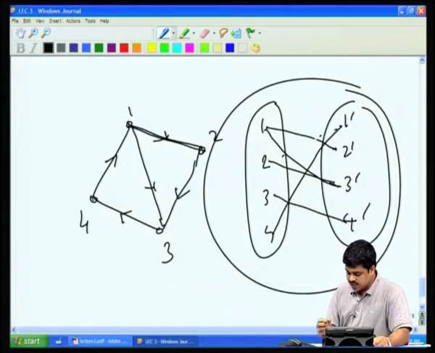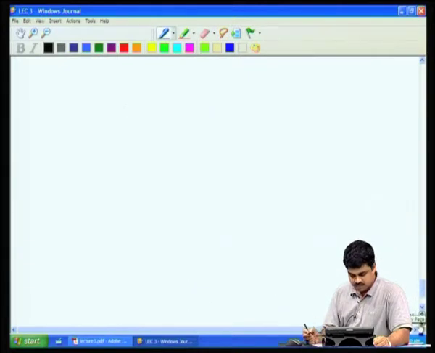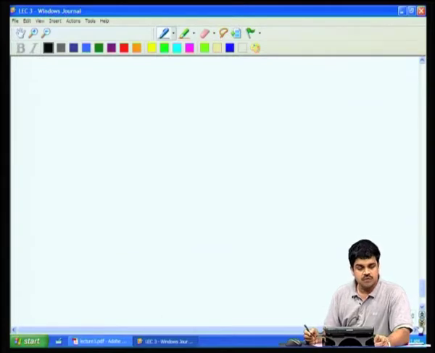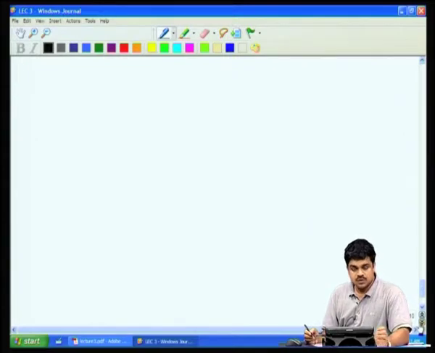Now, why did we explain all these things? Because our plan was to make a statement about the existence of a cycle cover in a graph, and we said we are going to prove it using Hall's theorem. Hall's theorem is about bipartite graphs, and about perfect matching.